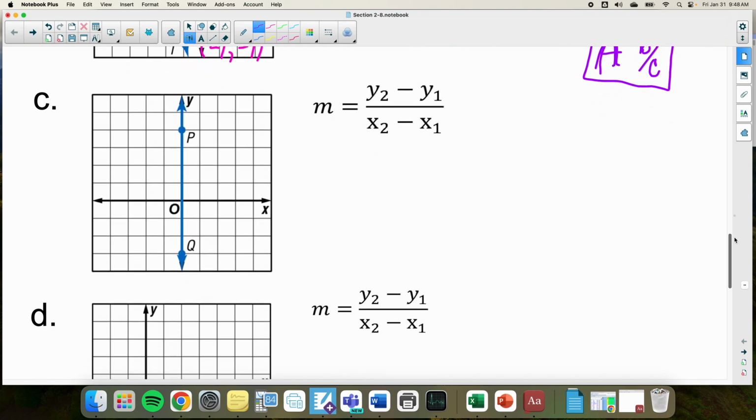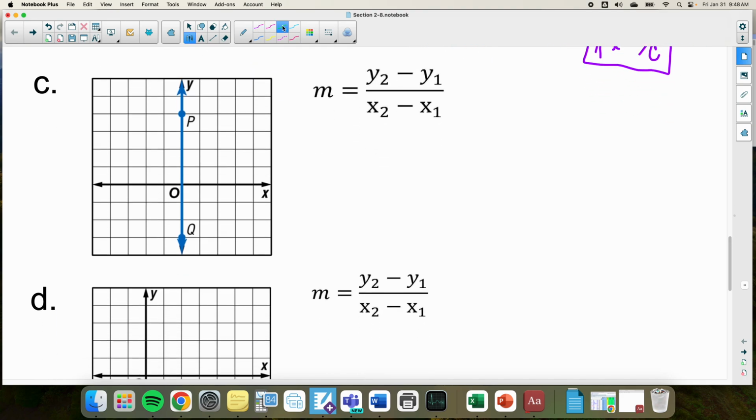All right, now let's look here. So this point right here is 0, 1, 2, 3, 4. And this point down here is 0 and down 3, so that would be 0, -3.